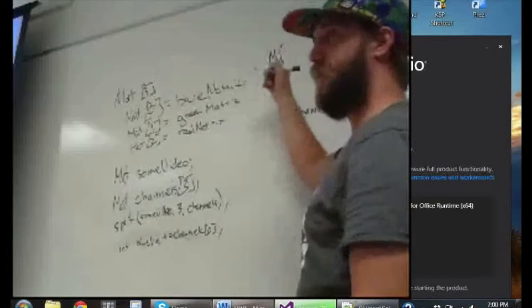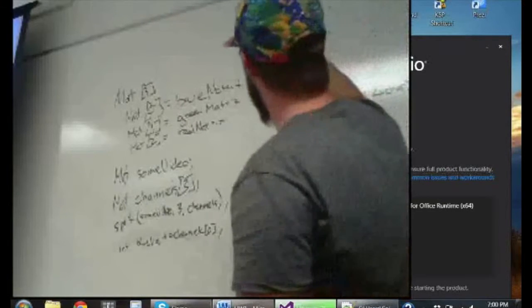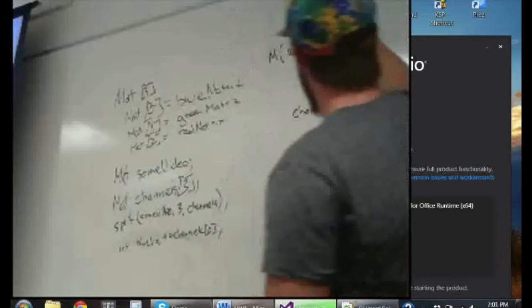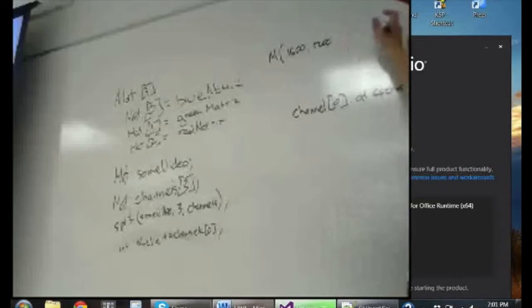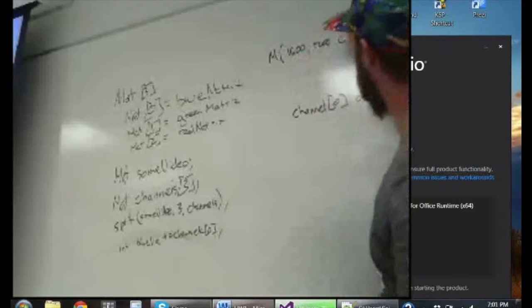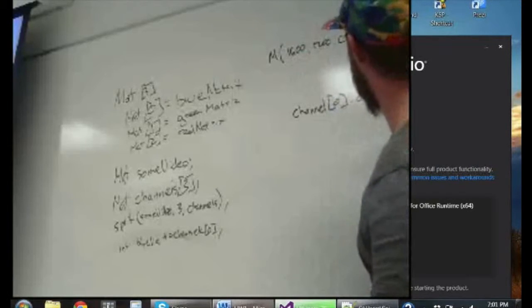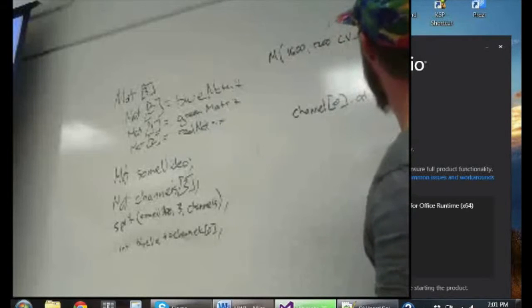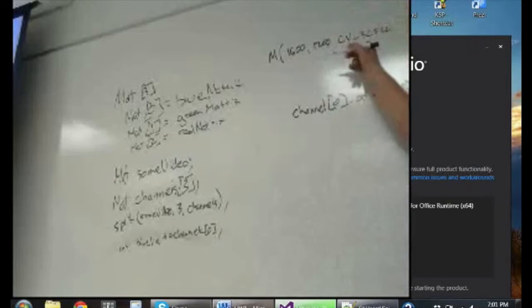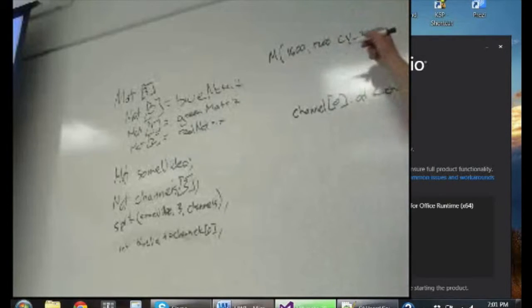You do have access to an explicit value constructor, so you can do something like 1600 by 1200, and there are CV specific data types that you do need to use when constructing your matrix, like all caps CV_32FC3. What this would be is a 3-channel matrix with a 32-bit floating point data type internally. So it's like a three-dimensional matrix: 1600 by 1200 by 3.